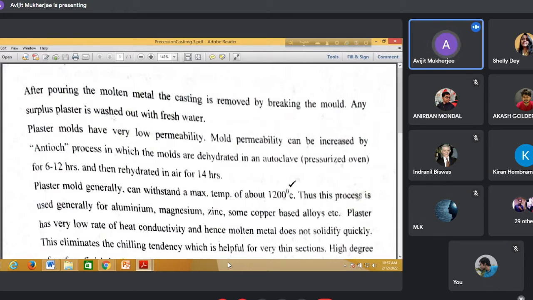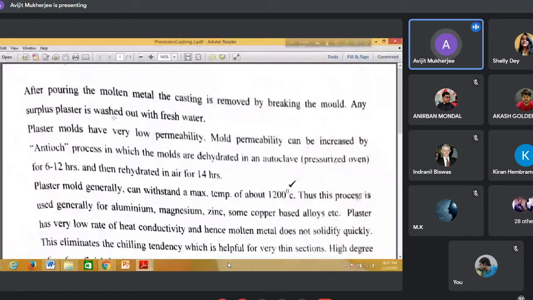Otherwise, if these dissolved gases are entrapped inside the cavity, many gas-borne defects may result. What the defects are will be discussed separately. Plaster of Paris is a fine powder, so it will give a compact structure. As a result, a smooth surface finish will definitely be obtained, but entrapped gases may be there.